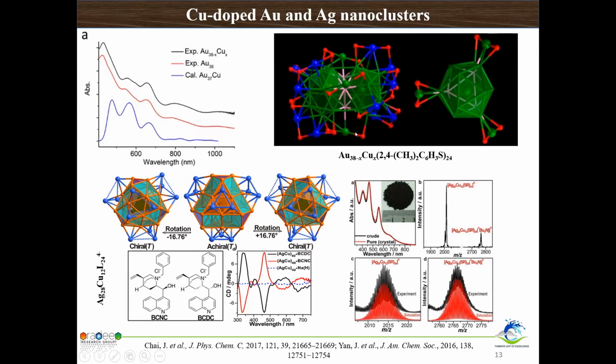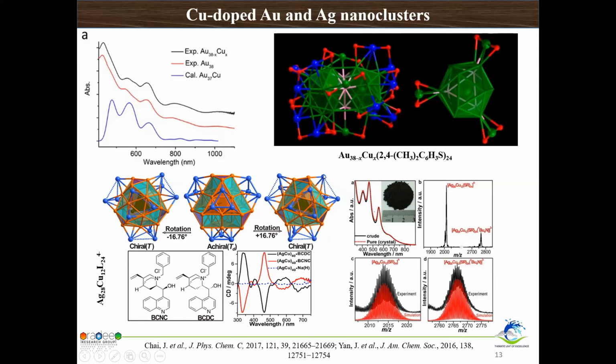Here they observed the doping of around 7 copper atoms in the staple positions. However, this doping doesn't change the absorption spectra much. That means due to the copper doping, there is no such change in the electronic structure of the nanocluster.